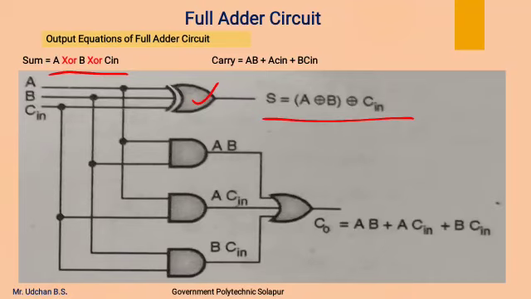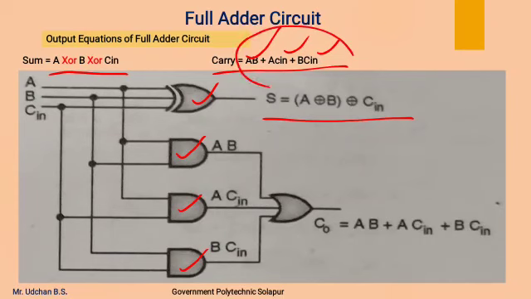After that, for carry, for AB one AND gate is taken, for AC in a second AND gate is taken, and for BC in a third AND gate is taken, and for the addition of all these terms another OR gate is used to get the equation of carry output.